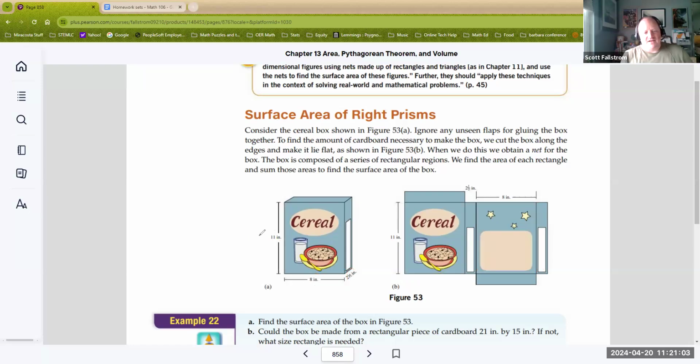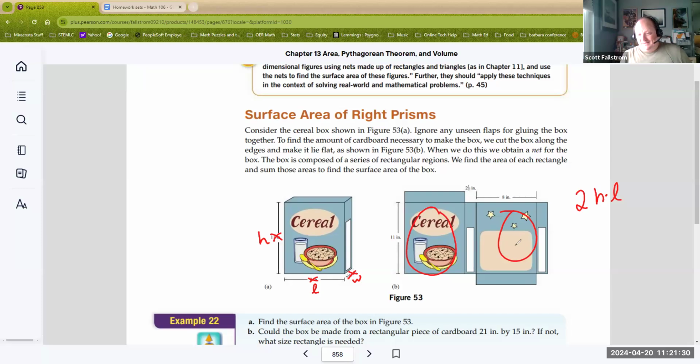we also could do this with, say, this would be like the height of the cereal box. And this would be, say, the length of the cereal box, and this would be the width of the cereal box, something along those lines. And those could be interchangeable, if you will. So when we think about it, we need two of the front and back, and the front and back would be height times length, and I need two of them.